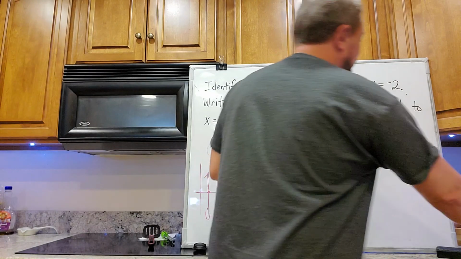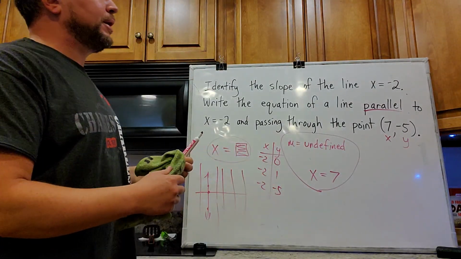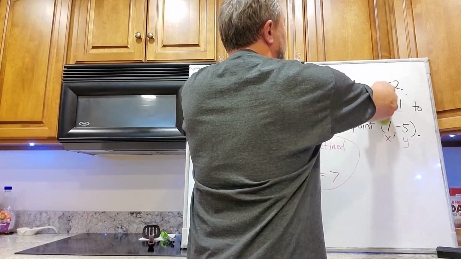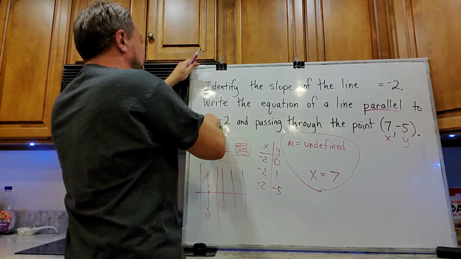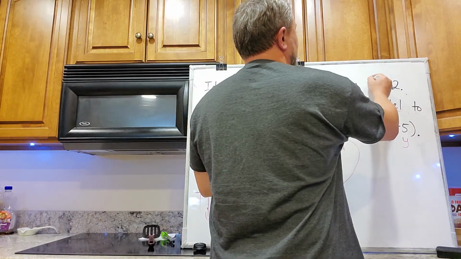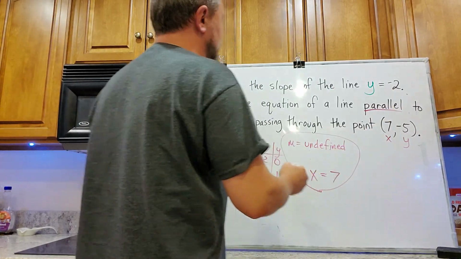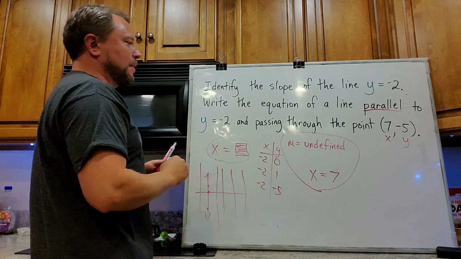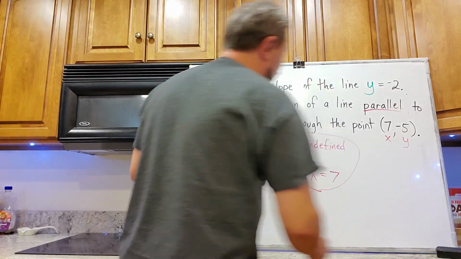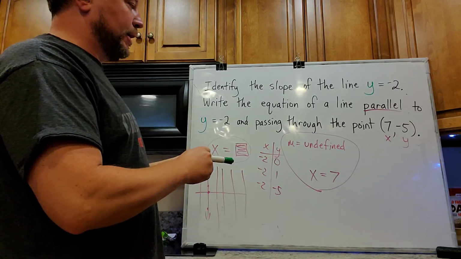Now, of course, this whole problem would change a little bit if I were to make some changes to the equation. Instead of x equals negative 2, what if I changed it to y equals negative 2? It'll create some changes down here as well.